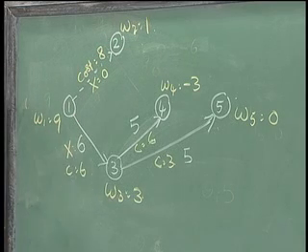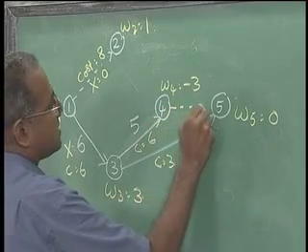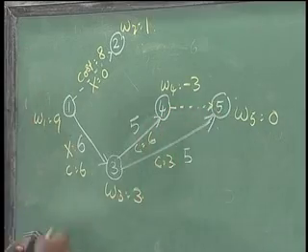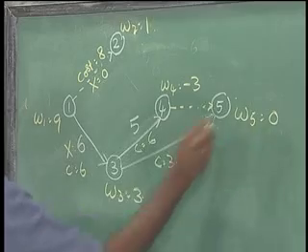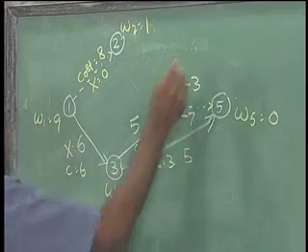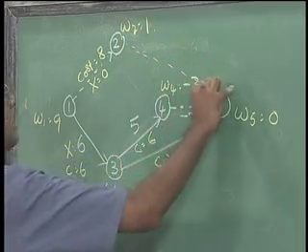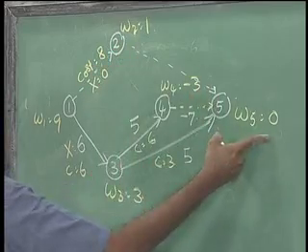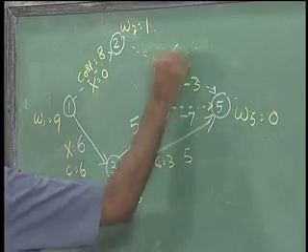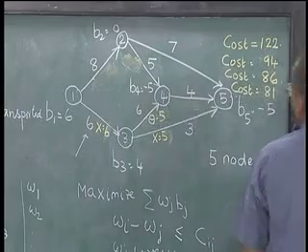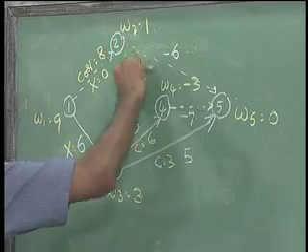Now, in order to check whether this is optimal, we have to find out the value of Wi minus Wj minus Cij for all the non-basic arcs. So, there is a non-basic arc here: minus 3 minus 0 minus 4 is minus 7. There is a non-basic arc here: 1 minus 0 minus 7 is minus 6, and the third non-basic arc comes from here.